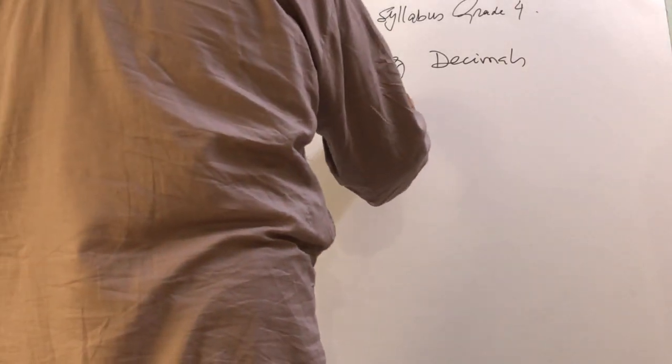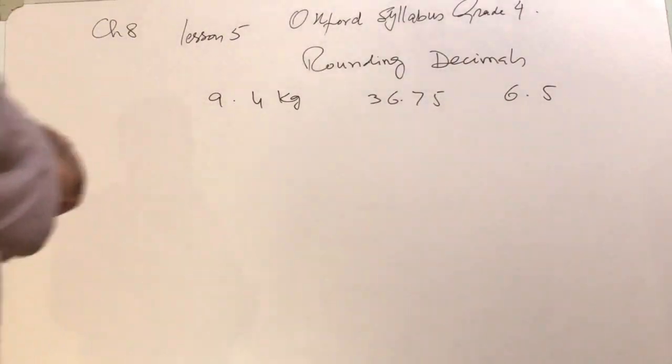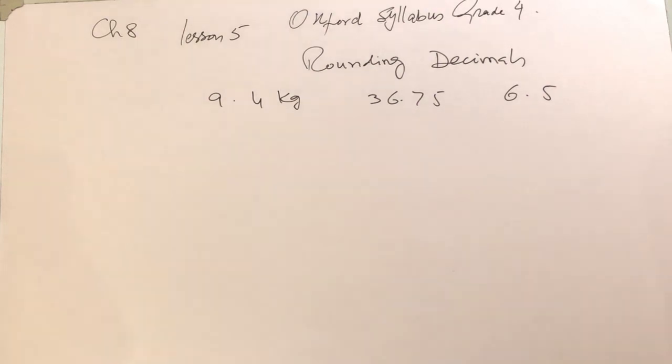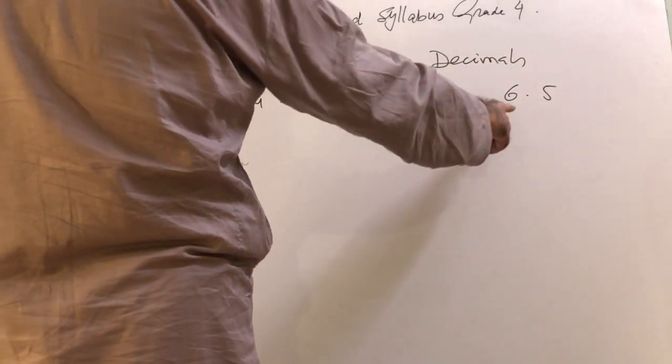Another basket is 36.75 kilogram, and the third one is 6.5 kilogram. So the question is, what is the mass? Mass means its weight in terms of kilogram of each basket of fruits when rounded to the nearest kilogram. We need to make sure, is it 9 or 10? Is it 36 or 37? Is it 6 or 7?